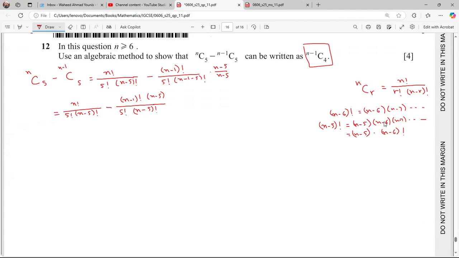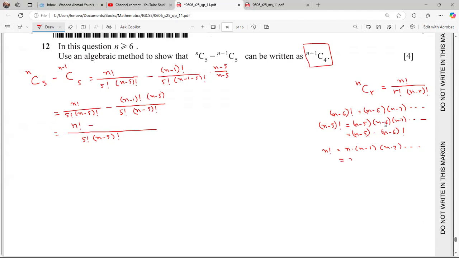I hope this is not too confusing. Now I have the same denominator here, so I can put them together: 5 factorial and (n minus 5) factorial. And here I have n factorial minus. Remember, n factorial is equal to n into n minus 1 into n minus 2, and so on.